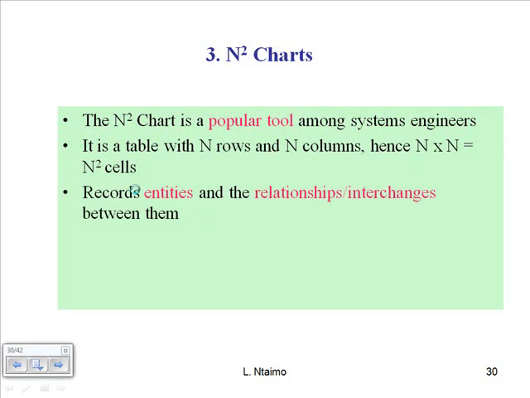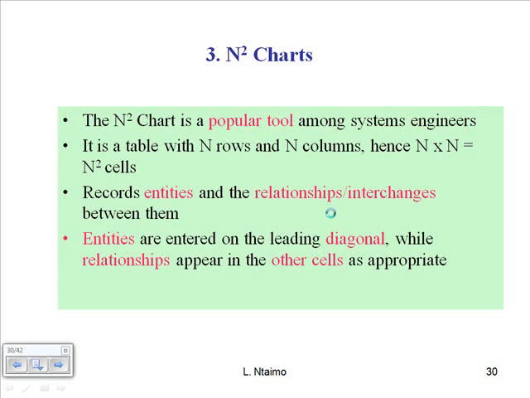In an n-squared chart, which is basically a matrix, we are going to record entities of interest. And then we are also going to record the relationships between these entities, or the interchanges.